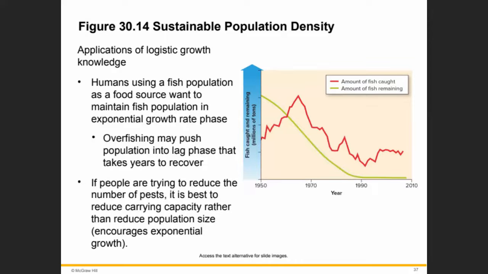It peaked at 3.2 million tons around 1970. That was the amount of fish caught.